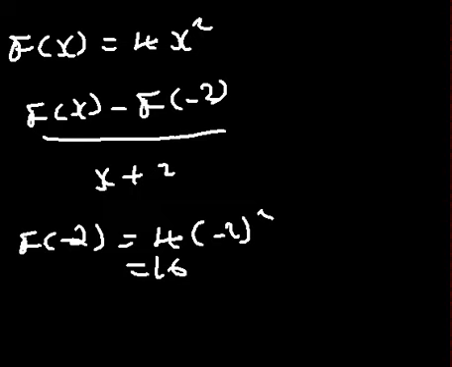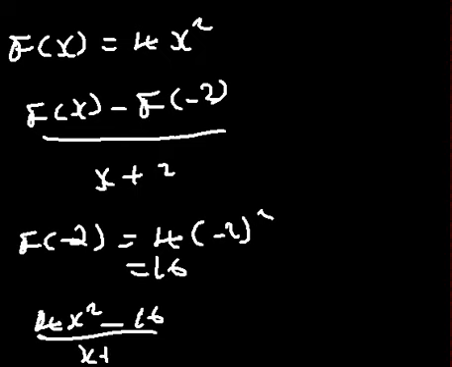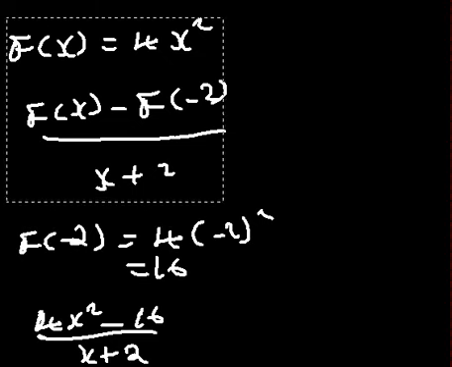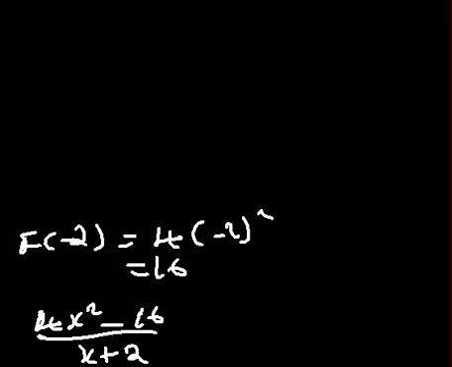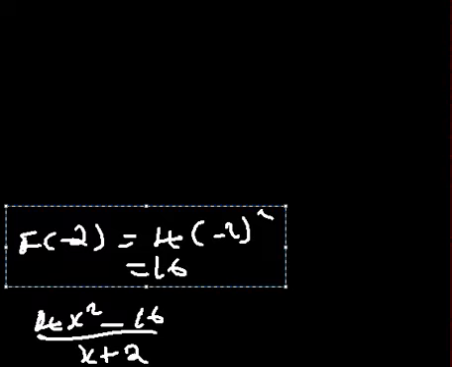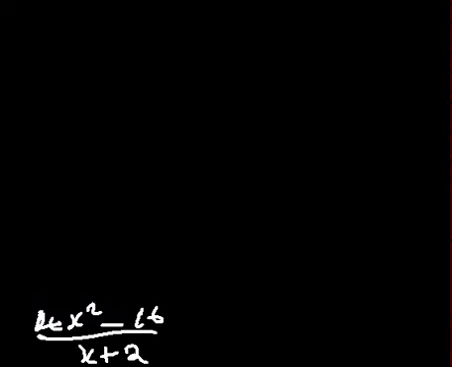So now which means we'll have f of x, which is 4x squared, minus 16, which is divided by x plus 2. So we'll have to factor out 4.